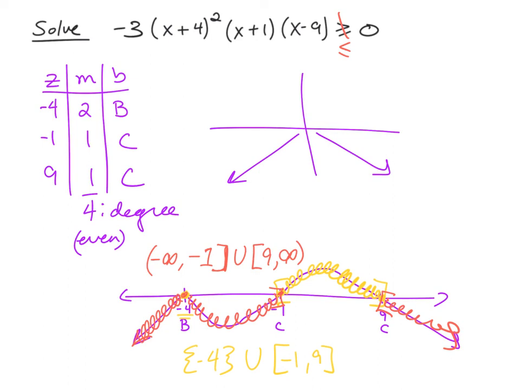So I hope this makes sense, and I hope you will ask questions if you have questions. Also, just so that everybody out there knows, most of the time, these polynomials will not be factored, like the quadratic example I did.